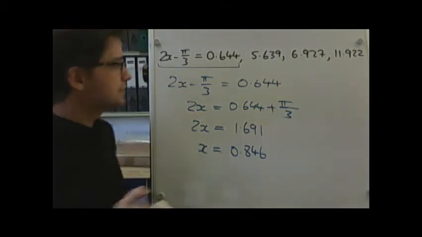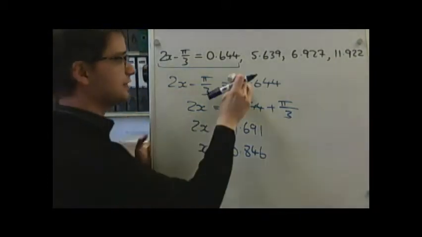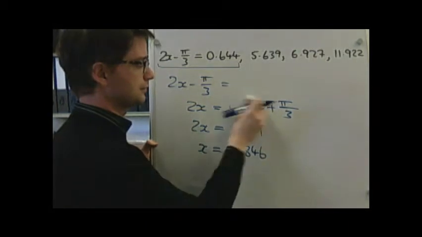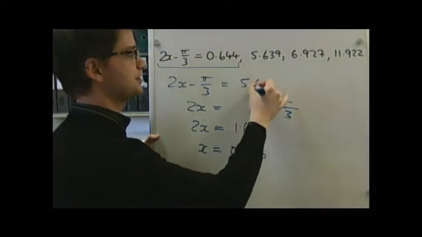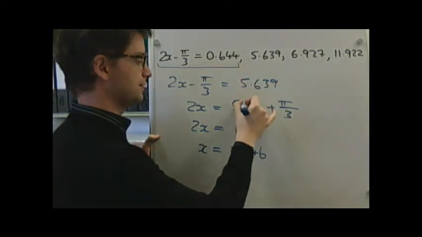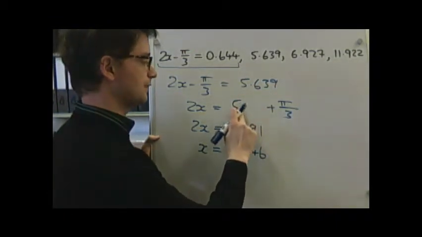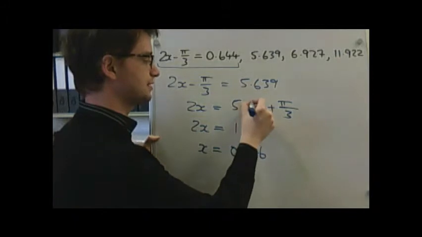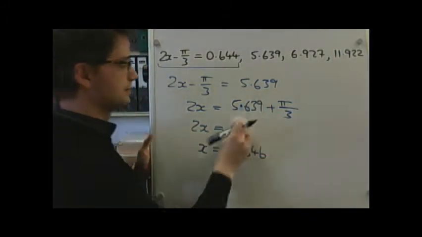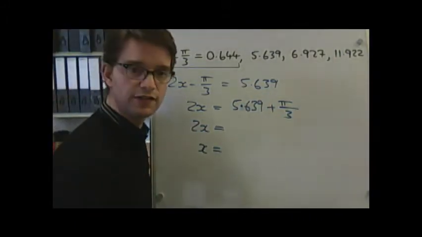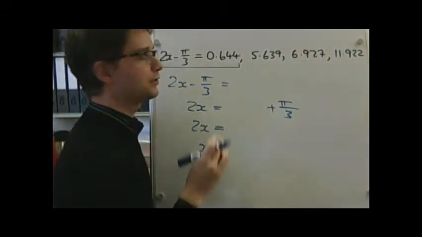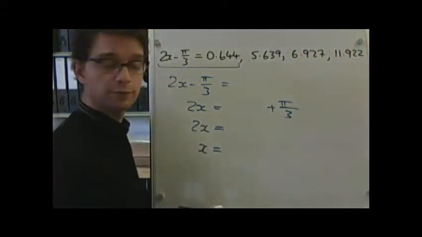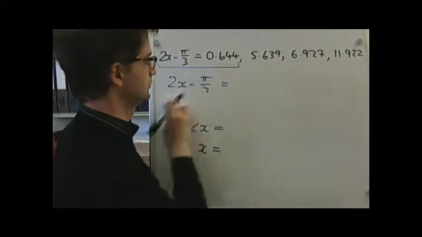So what I would do is, effectively, I take this figure out and I replace it with 5.639. So I'd have 5.639 in here, and that would give me new values here. And then I do the same with 6.927 and the same with 11.922.